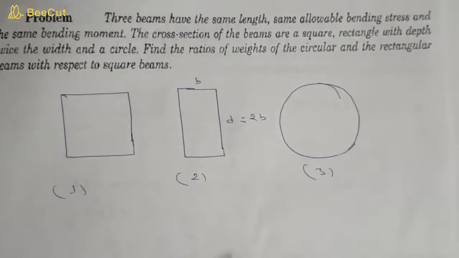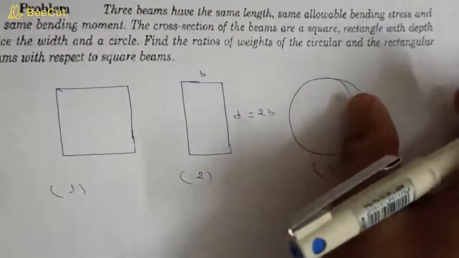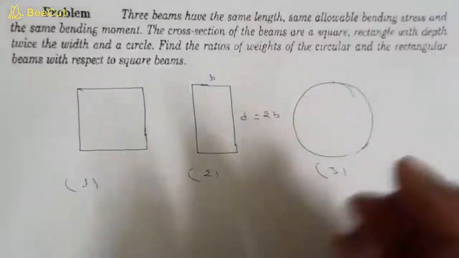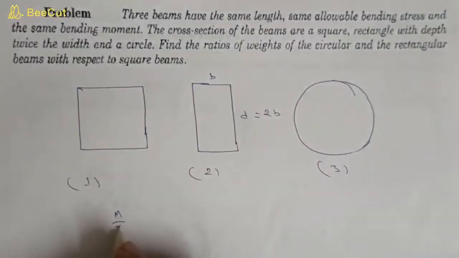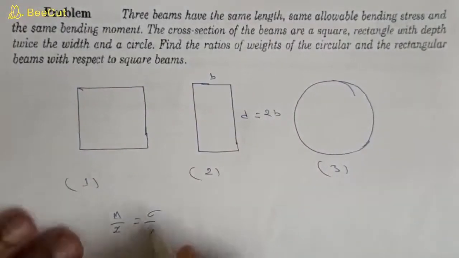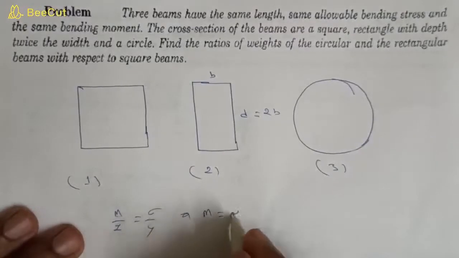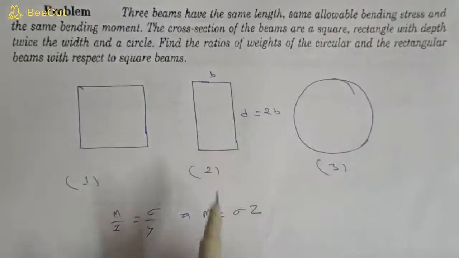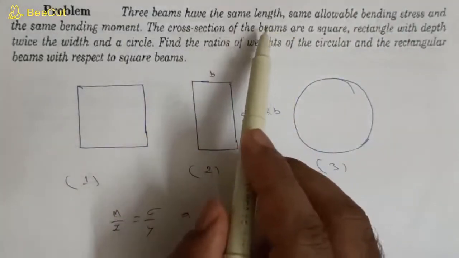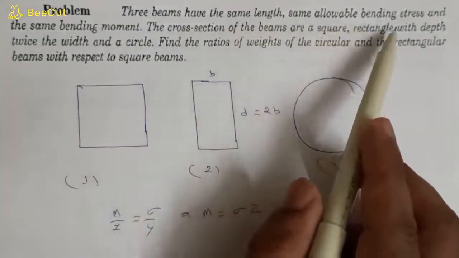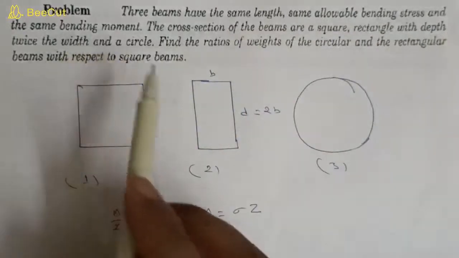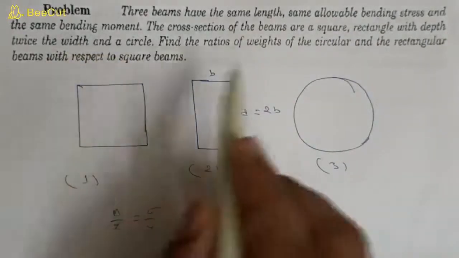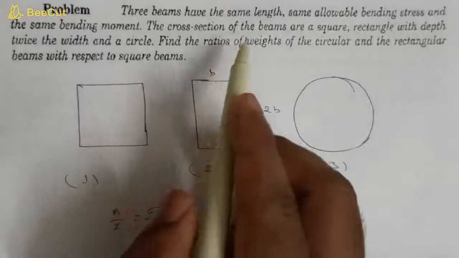So friends, we have the equation of bending stress like this: M upon I is equal to sigma upon y, or M is equal to sigma into Z, where Z is section modulus. You can see that the length, allowable bending stress and the bending moment are the same.